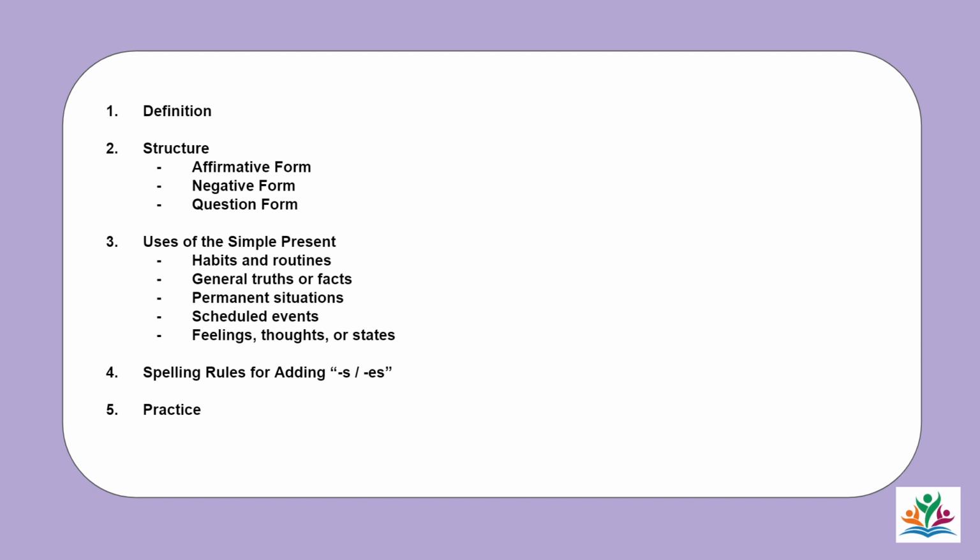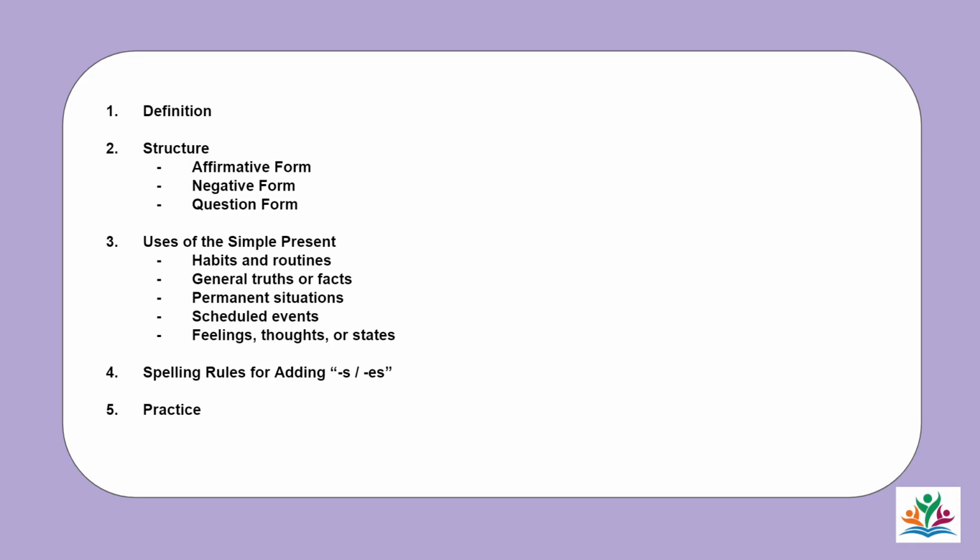Then we will explore when to use it: to talk about habits and routines, to express general truth or facts, for permanent situations, for scheduled events, and for feelings, thoughts, or even mental states.